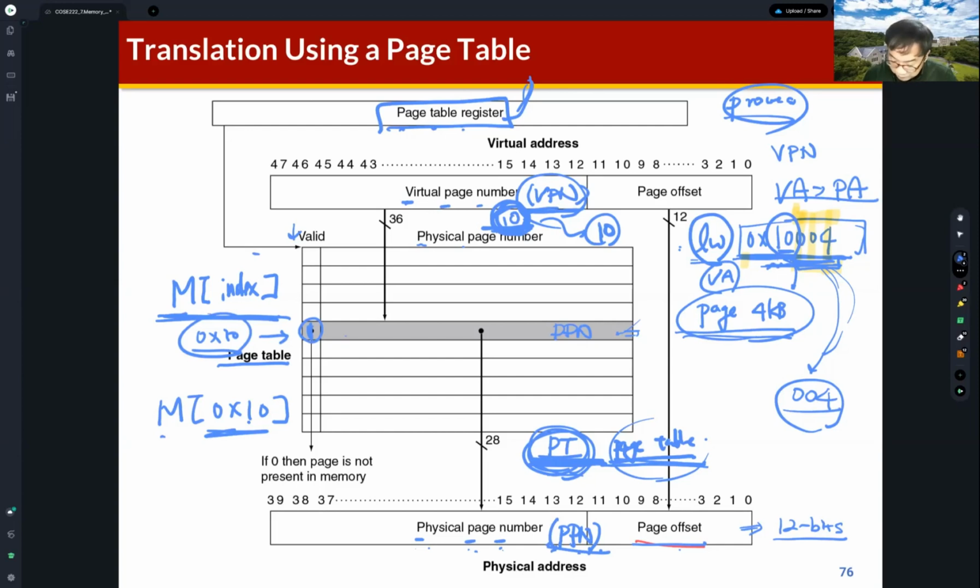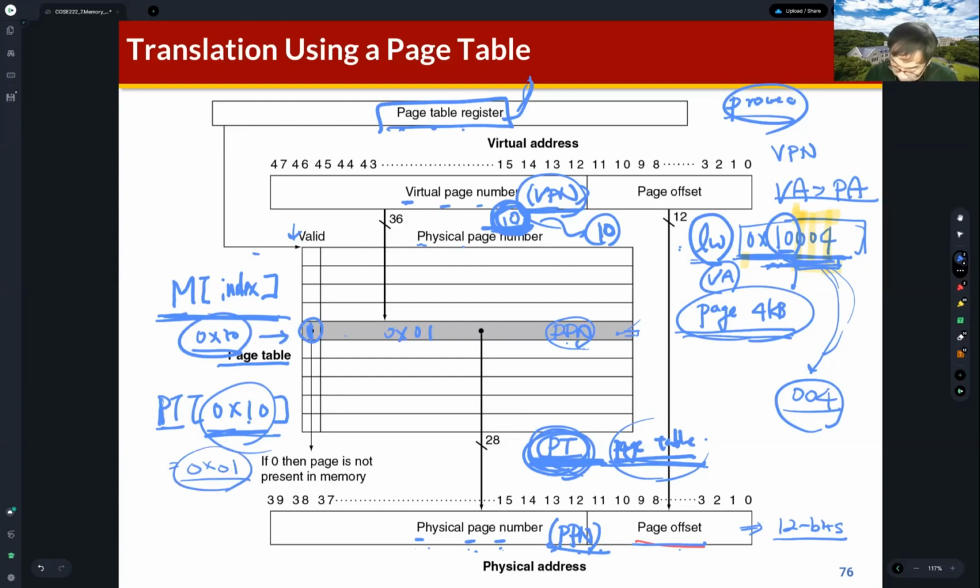Let us assume this physical page number is 0x01. Let us call the page table array PT. We access it using the virtual page number and get the physical page number 0x01.